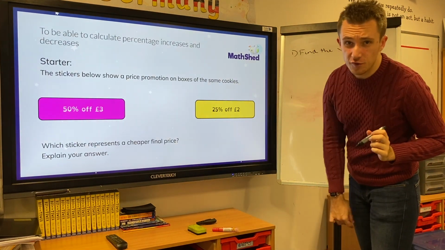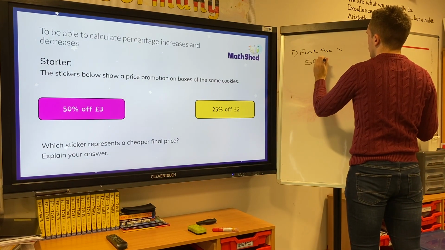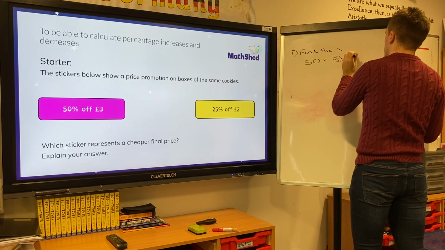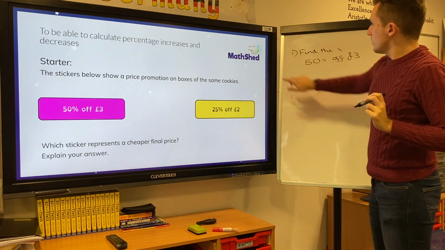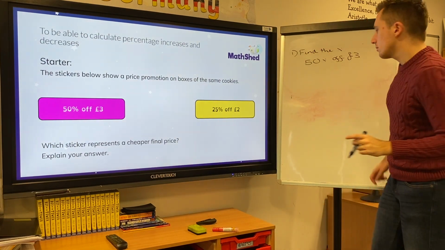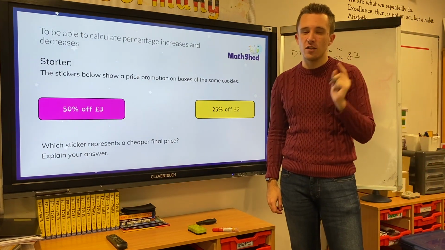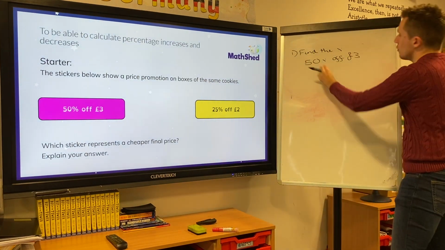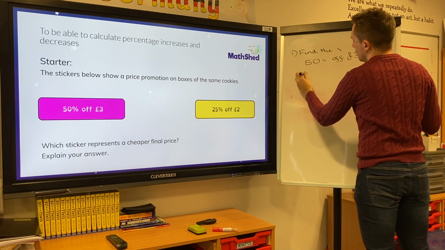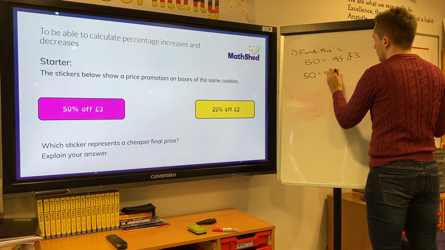So, if we're doing 50% off of £3, step 1 is we find what 50% of £3 is. Now we know how to find 50%. If you go back a few lessons, we divide by 2. So 50% of £3, £1.50.